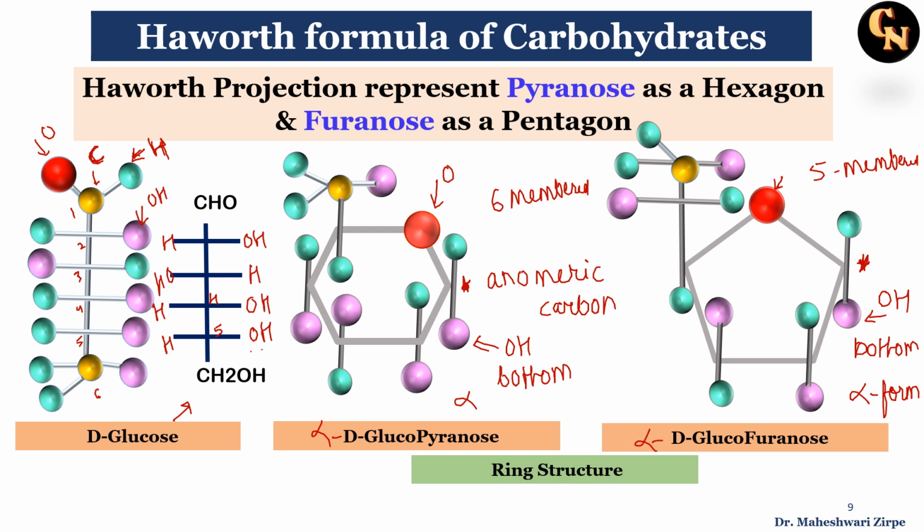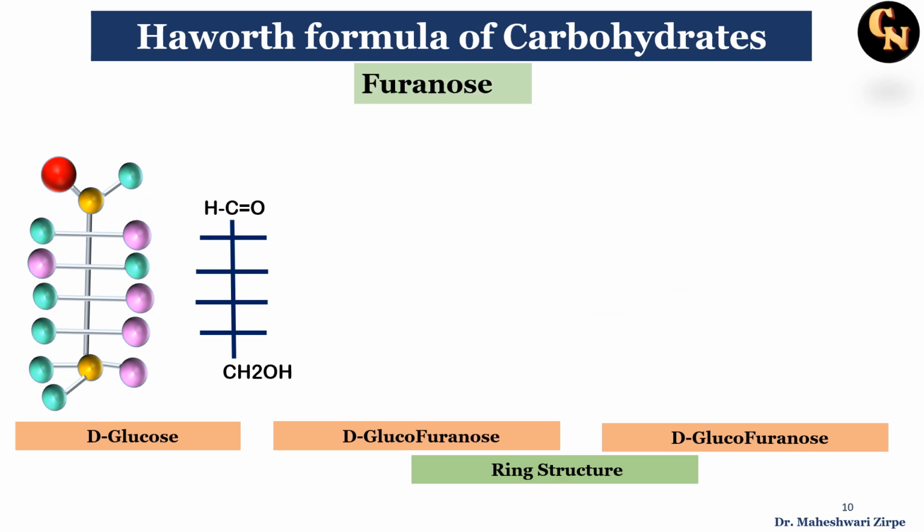I think now this is clear with you. As I had promised, when you start seeing the video, you will be able to write both the Fischer as well as the Haworth projection. I guarantee you that you can now write both structures.